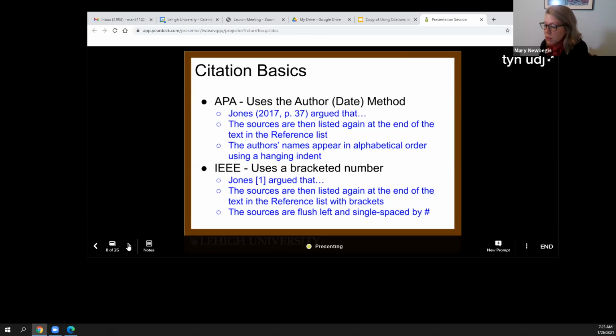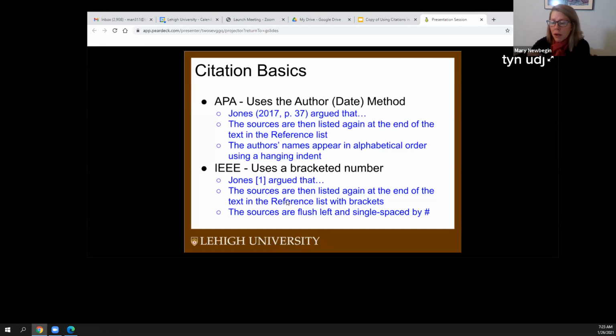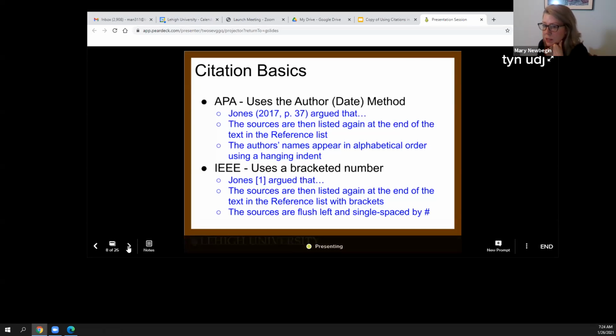So there are some differences. If you go online, I like the Purdue OWL, the Online Writing Lab at Purdue University. They have really nice web pages where you can just click to see different things. They have a comprehensive IEEE style guide that you can access for free online, and it's a good one. So maybe before your courses start, if you have a few extra minutes, you can take some time and review that.